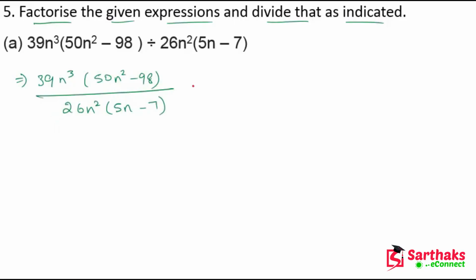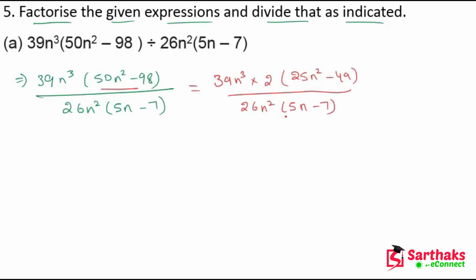Now if you observe this, 39 n cube into, now we can take 2 as common from this expression. So taking 2 as common, we get 25 n square minus 49, and it is divided by 26 n square into 5n minus 7.